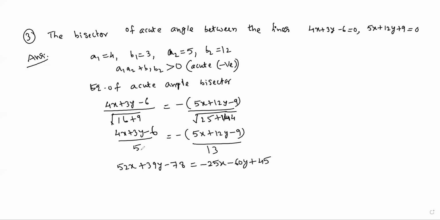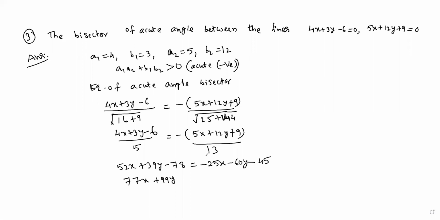Take all values to this side: 52x plus 25x, total 77x, plus 60 plus 39, that is 99y. Sorry, here plus 9 is given in the second equation, so with the minus it becomes minus 9, so minus 45.